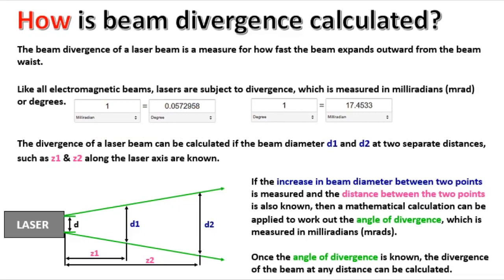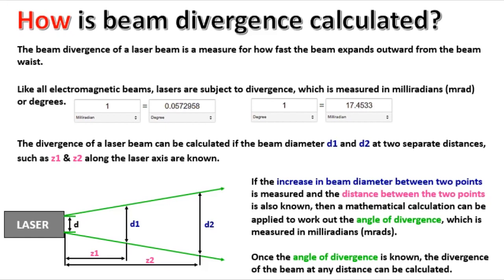How is beam divergence calculated? The beam divergence of a laser beam is a measure for how fast the beam expands outward from the beam waist. Like all electromagnetic beams, lasers are subject to divergence, which is measured in milliradians, or mrads, or degrees. The divergence of a laser beam can be calculated if the beam diameter d1 and d2 at two separate distances, such as z1 and z2 along the laser axis, are known.